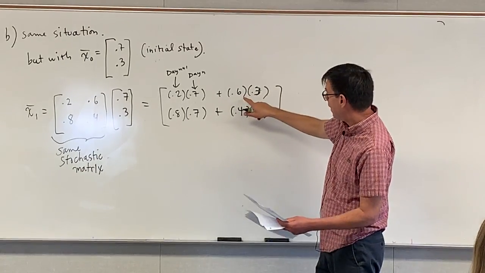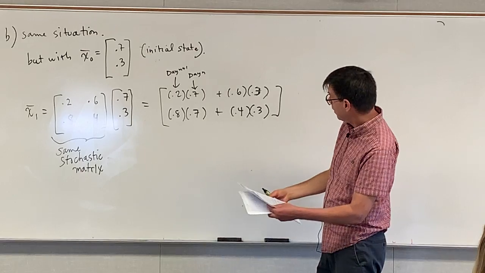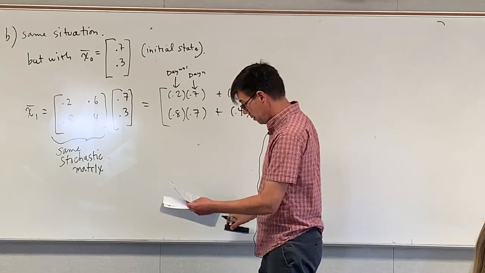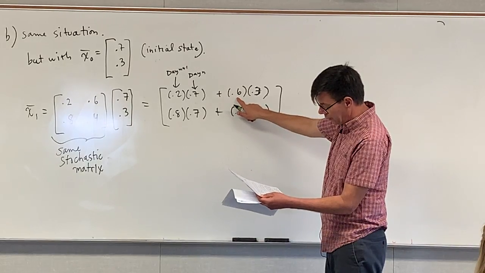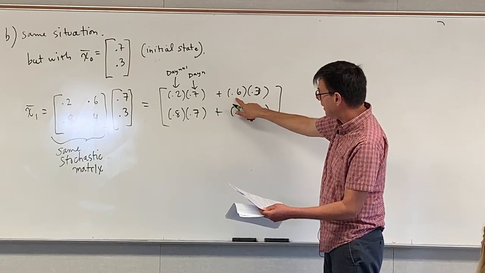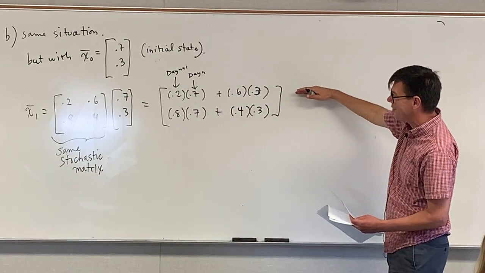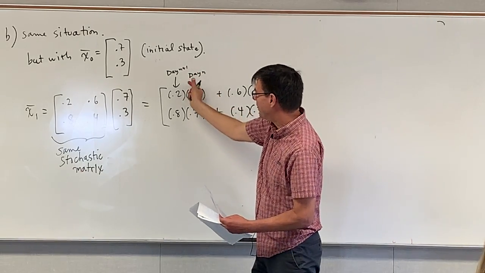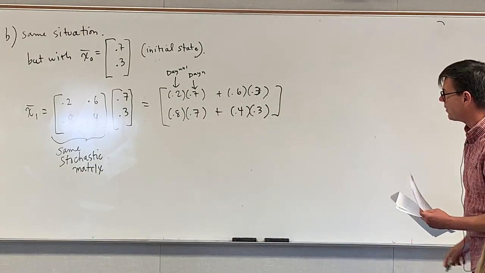If they have no eggs on day n, then the chance of eggs the next day is 0.6. So this first line, again, is chance of eggs the day after. Second line is chance of no eggs. But if you're trying to match it up with the days, if I use the matrix multiplication, the second day number's coming first here.